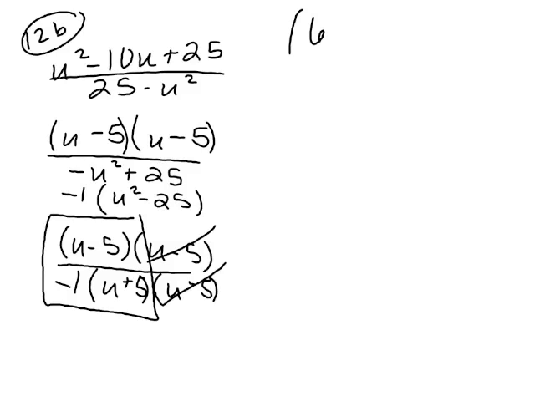I have 6 minus 2x all over x squared minus 9. So looking at the top, I want to change the order there. I want it to be a negative 2x plus 6.